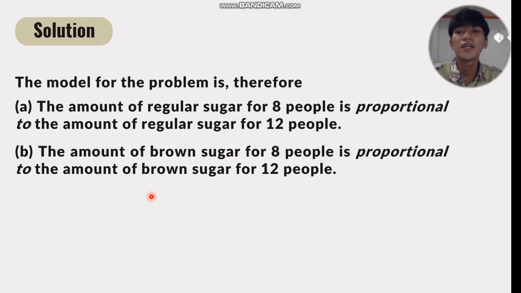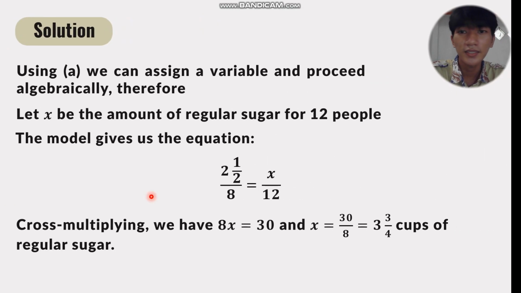The solution. The model for the problem is therefore: A, the amount of regular sugar per 8 people is proportional to the amount of regular sugar per 12 people. And B, the amount of brown sugar per 8 people is proportional to the amount of brown sugar for 12 people.